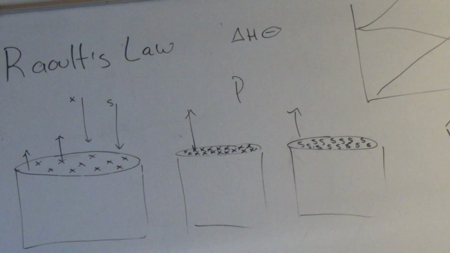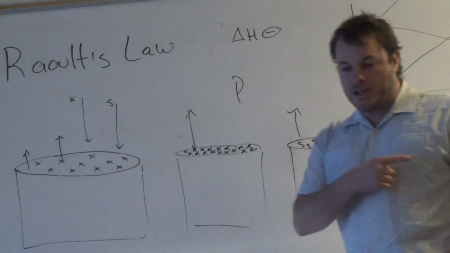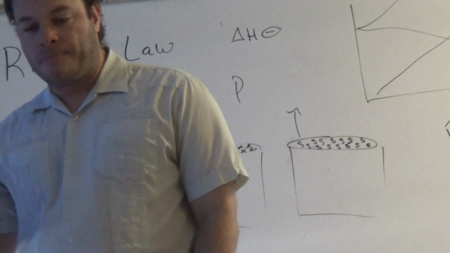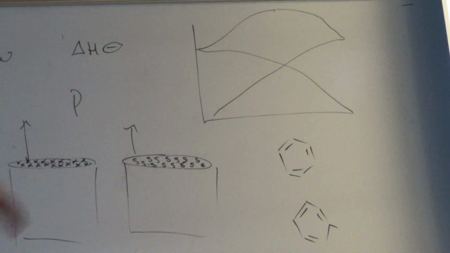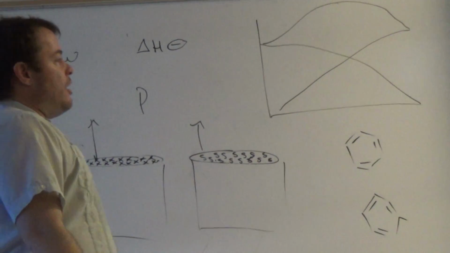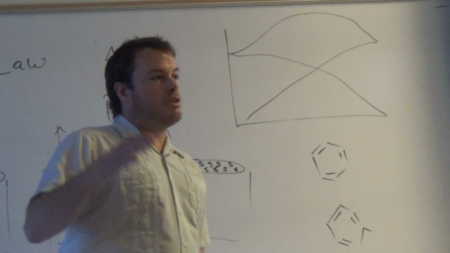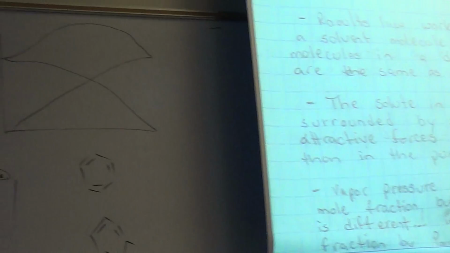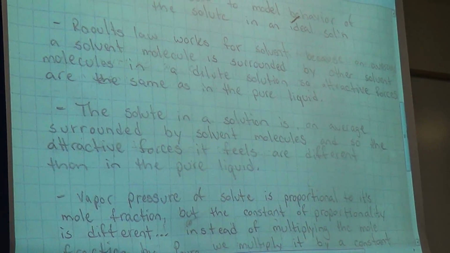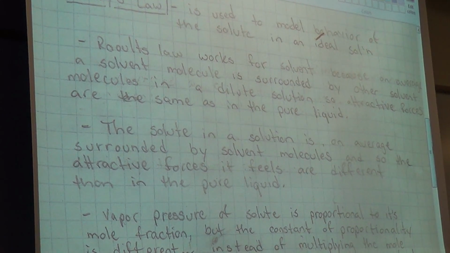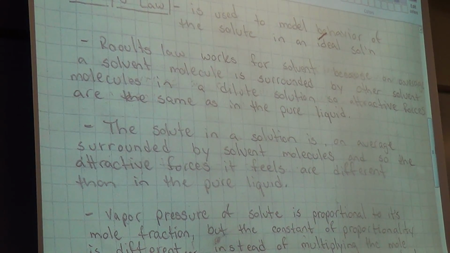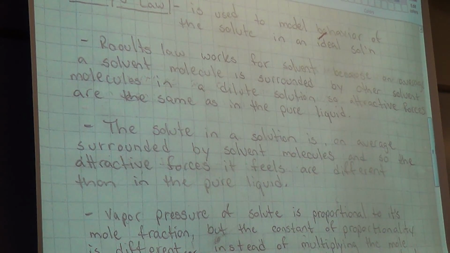So the thing that we said about Raoult's law and the curves that we drew where there was the linear dependence on pressure and mole fraction, that approximation ends up being very good for an ideal solvent. But in the case of the solute, it doesn't work out so well.